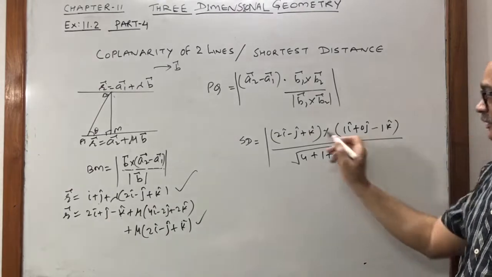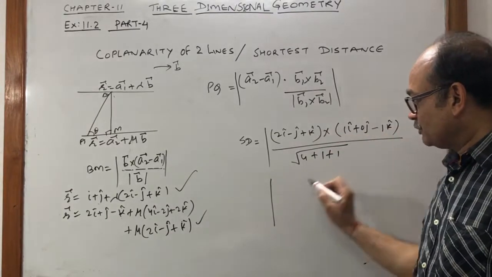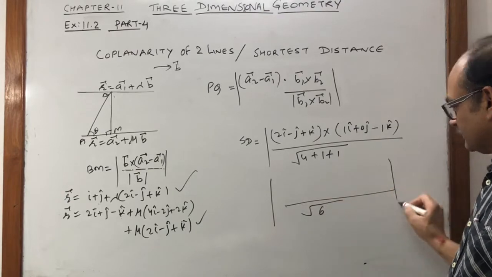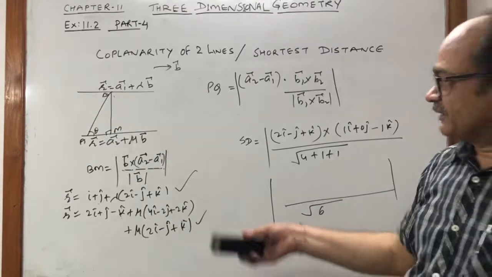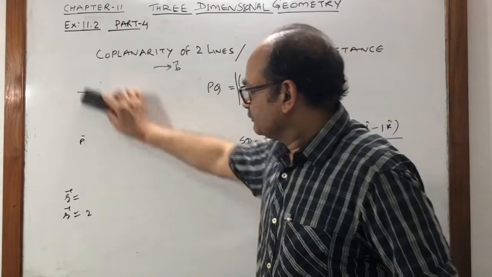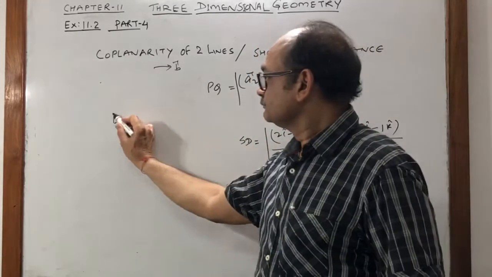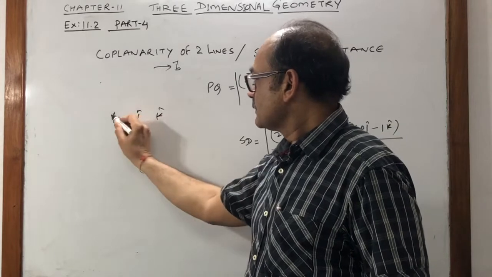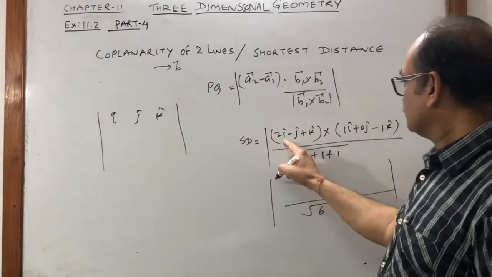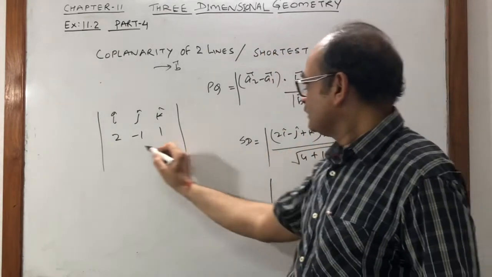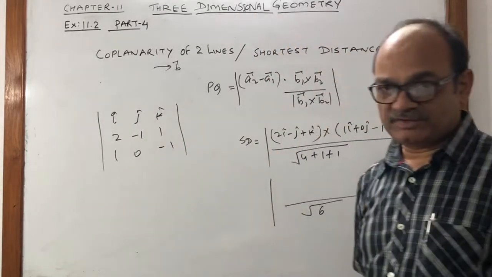Simple. Cross product of these two you know how to calculate using determinant. So now we calculate the determinant value using I, J, K as the first row, second row 2, minus 1, 1, third row 1, 0, minus 1.